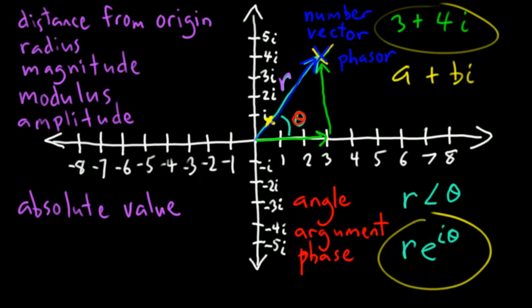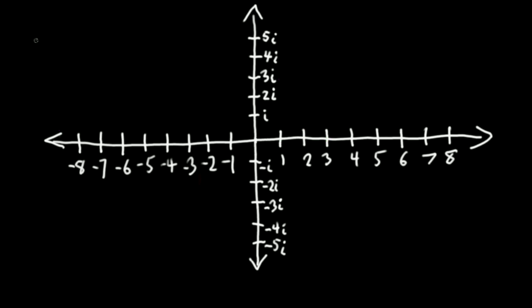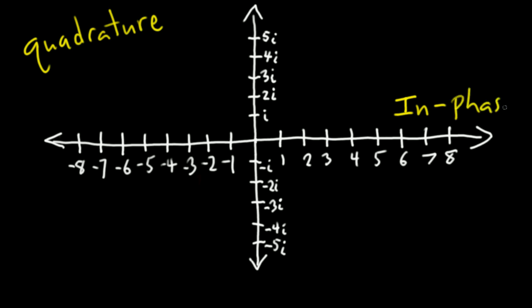There's one completely different set of terms that you should know before we finish, and that's the terminology of quadrature signals. And this terminology comes from signal processing and electronics. The horizontal axis is called in phase, and the vertical axis is called quadrature phase.